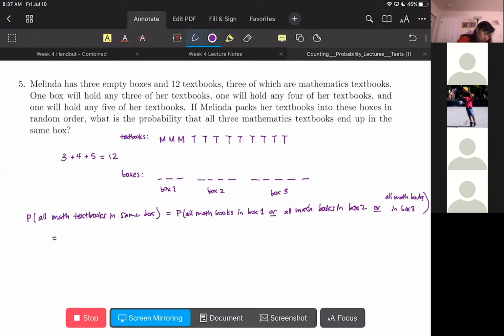And so if we use our probability rule of sum here, since these are different cases, with ORs, we could basically say this equals the probability that all math books are in box 1 plus the probability all math books are in box 2 plus the probability that all math books are in box 3.